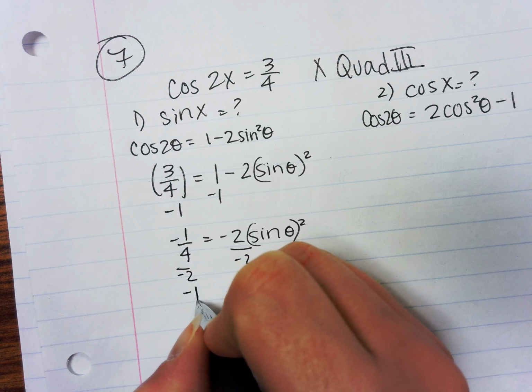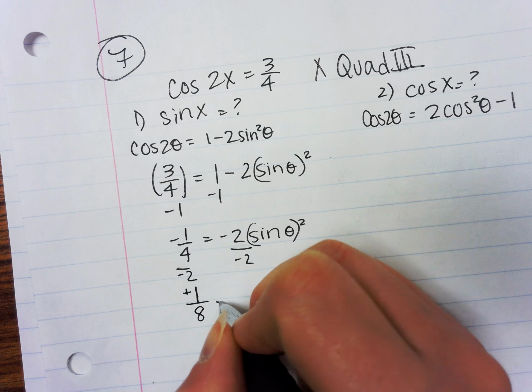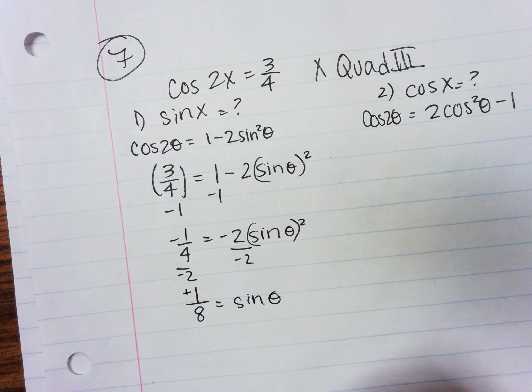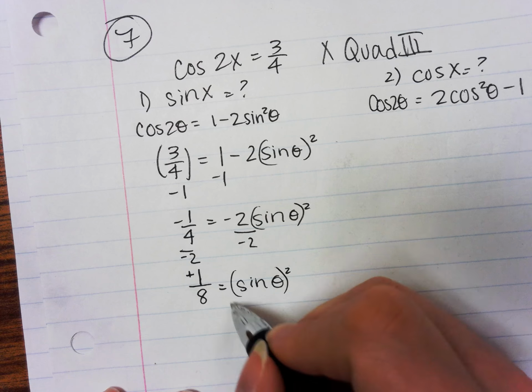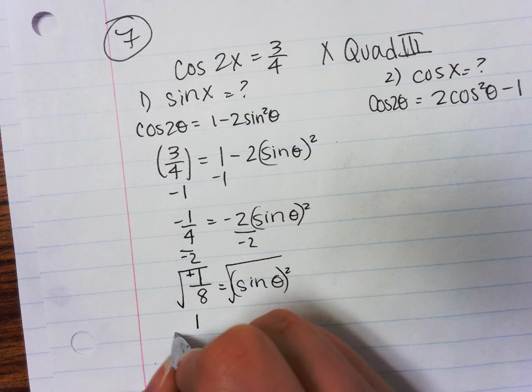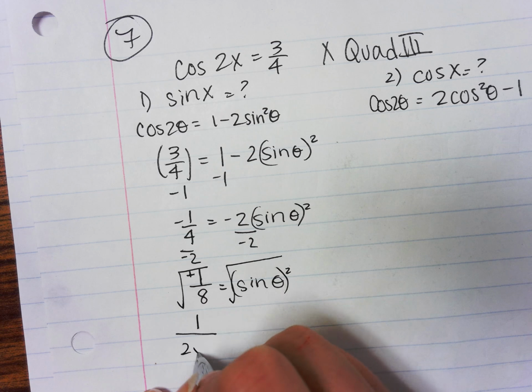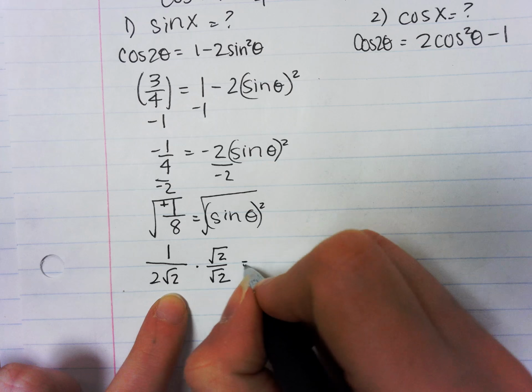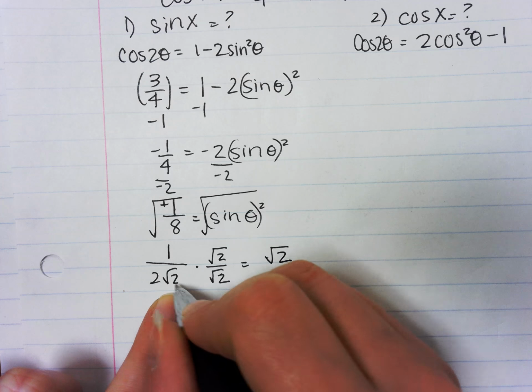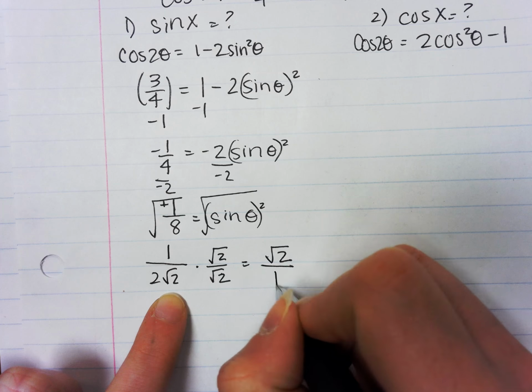So we'd get positive 1/8 equals sine squared theta. And then we would take the square root of that. And we get 1 over square root of 8, which is 2 root 2. And when we rationalize this, we just multiply by root 2. So on top we have root 2, and then 2 times root 2 times root 2 is 4, so root 2 over 4.